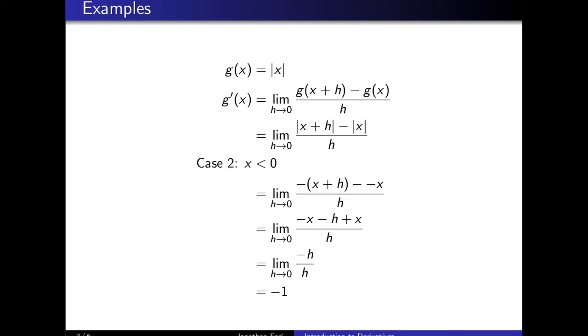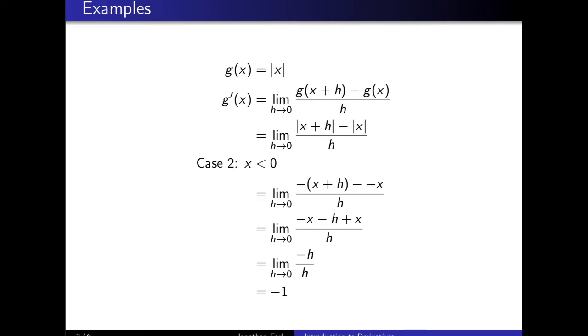So we'll pull some minus signs through, and we'll get the limit as h goes to 0 of minus x minus h plus x, all divided by h. Now the limit as h goes to 0 of this expression is going to be minus h over h, or minus 1. So if you have a negative number, the derivative of the absolute value of x at your favorite negative number is negative 1. So we've covered the positives and the negatives.